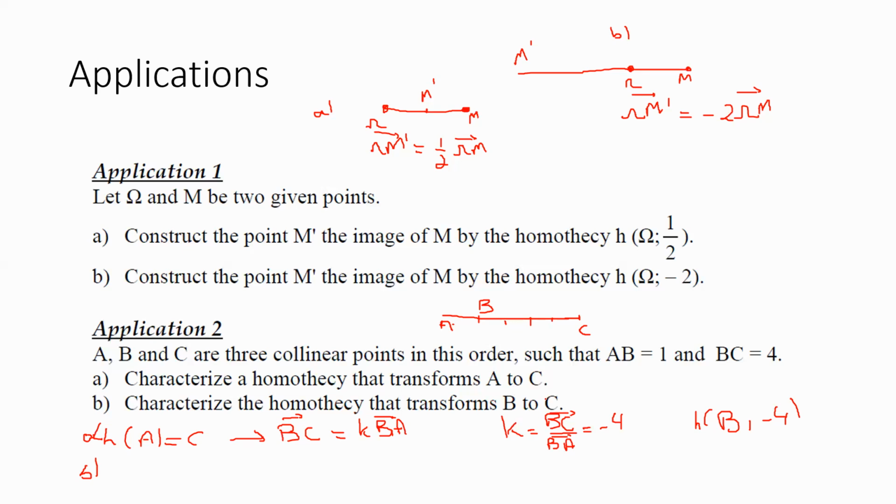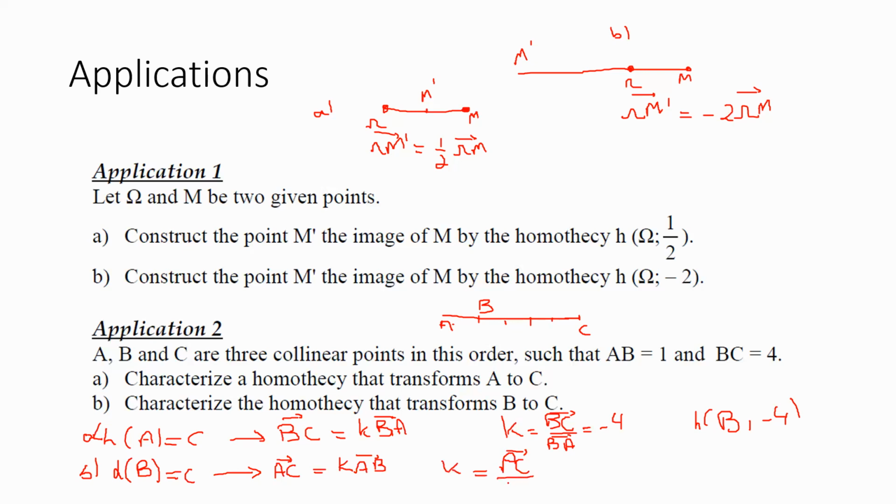Now the homothety that transforms B into C, meaning H of B equals C. Any point I use, A is the center here. So AC equals K AB. What does K equal? K equals AC over AB.